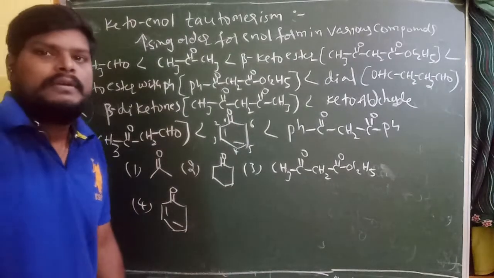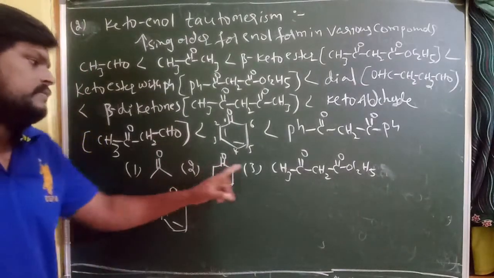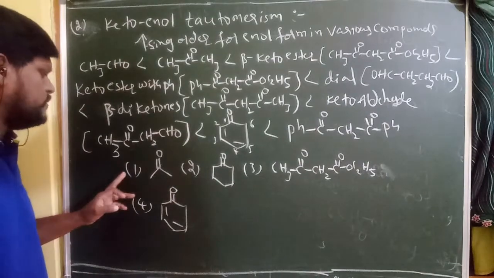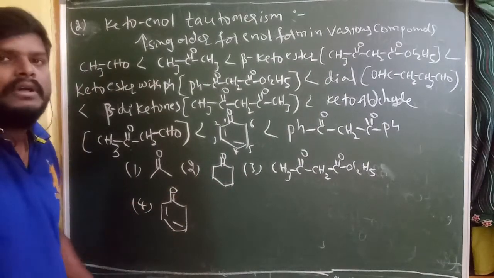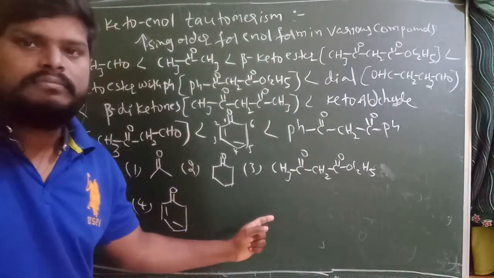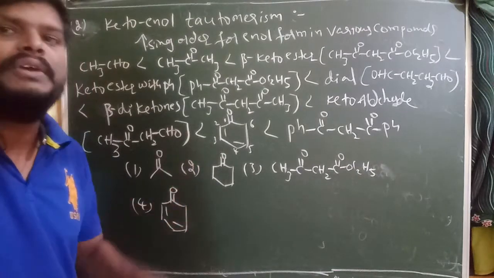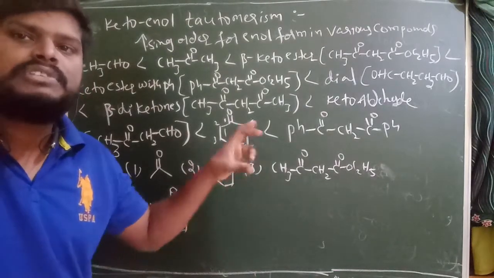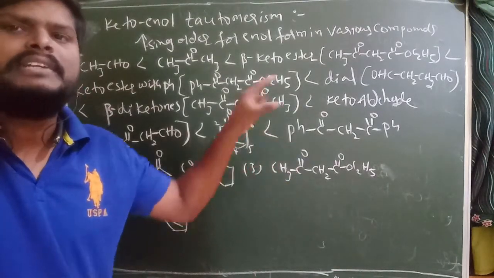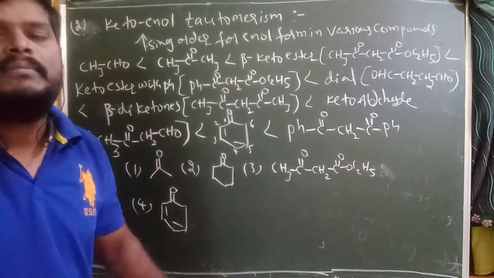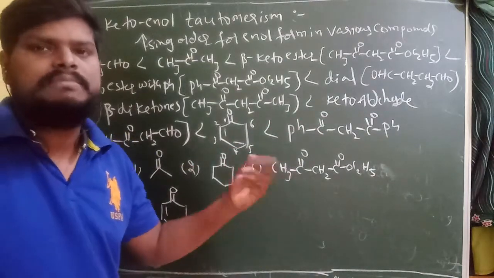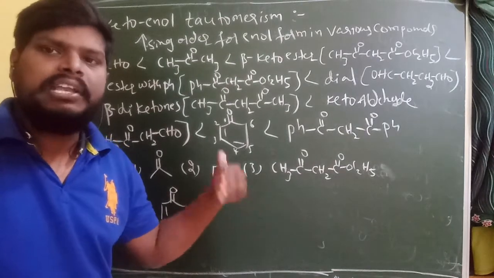Right, so this is the question. Here we have four options, 1, 2, 3, 4. Among these four, which one gives more stable enol or more enol content percentage? Because in the examination they will ask any type of question.